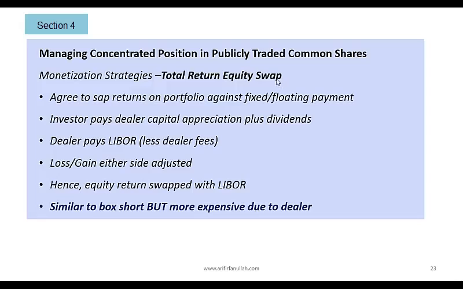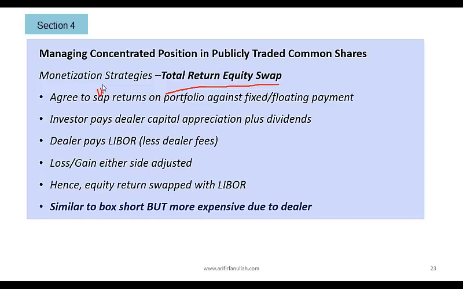This is the total return equity swap. The total return equity swap is actually very straightforward. This is where you have a portfolio which generates a return, you give that return to a counterparty, and the counterparty will give you a fixed or floating return.